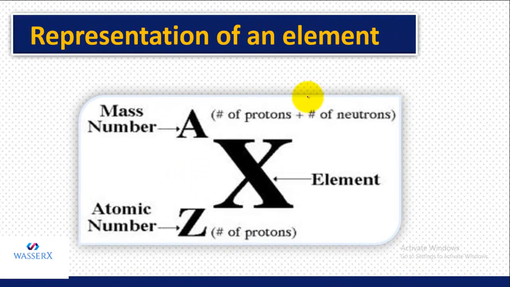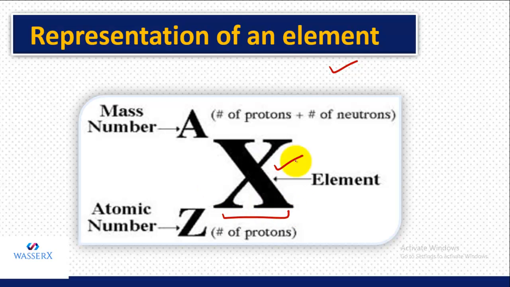So now, how you represent an element? What is the typical representation of an element? So whenever you need to represent an element, first you need to write its symbol. Like in this case, we have taken any x, y, z example. So let's say it is x. So I have written its symbol as x, right?